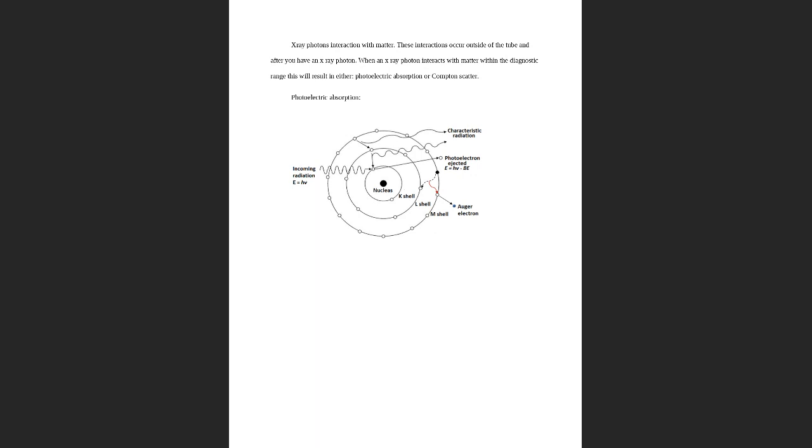So first, photoelectric absorption happens generally with lower energy X-rays, generally in the range of 40 to 70 keV, and Compton occurs around 70 to 100 keV. So that's important to distinguish between those two.